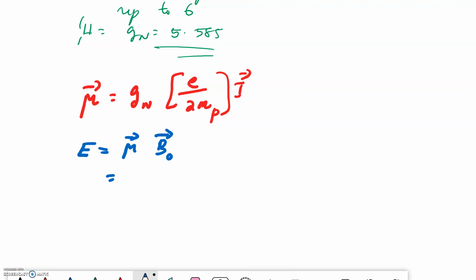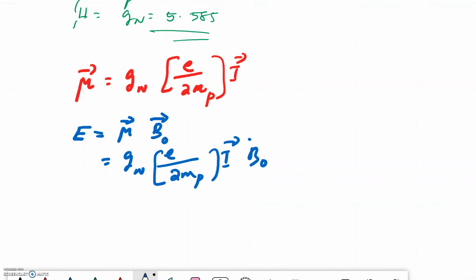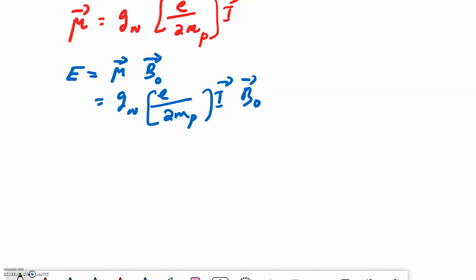Then, with mu equal to Gn e divided by 2mp times I, the energy is Gn into e divided by 2mp, into I, into B0. I think that is clear.